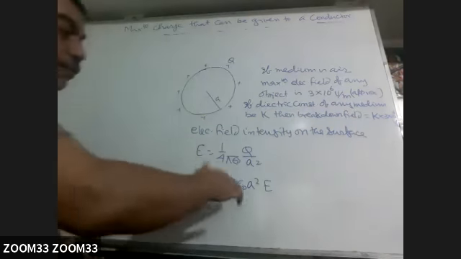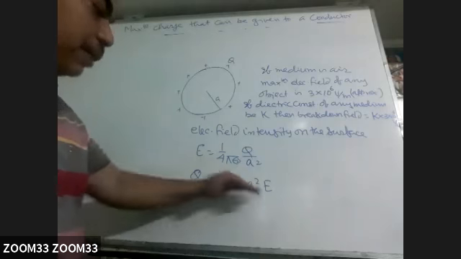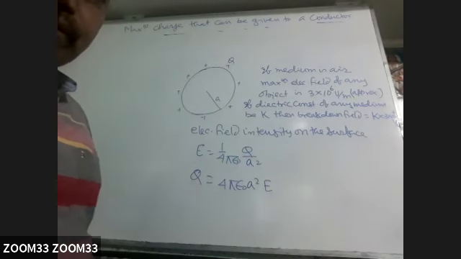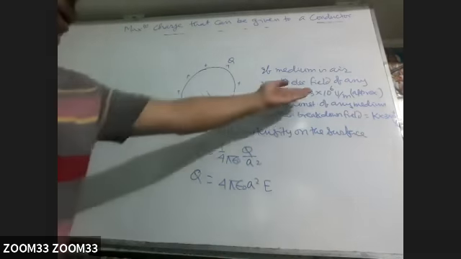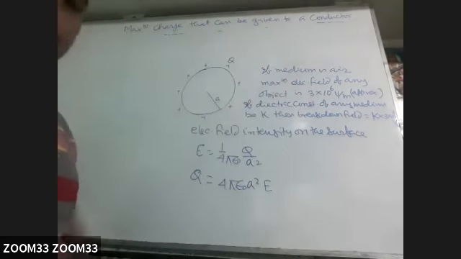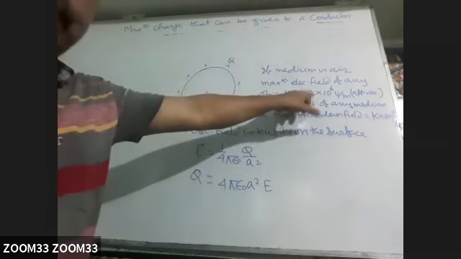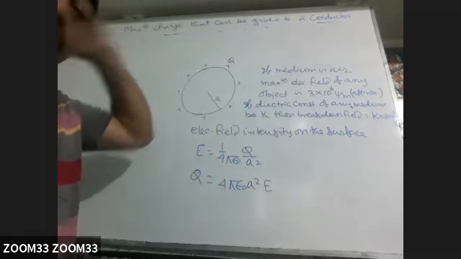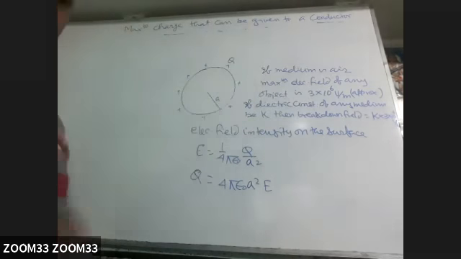Now what will happen if you give charge more than this particular value? Naturally, intensity will increase beyond this one, so it will start leaking the charge in the air. If your medium is air, then if intensity increases beyond this, it will start leaking the charge.